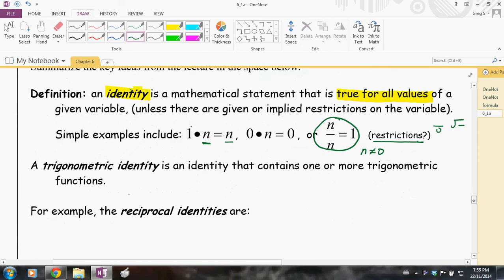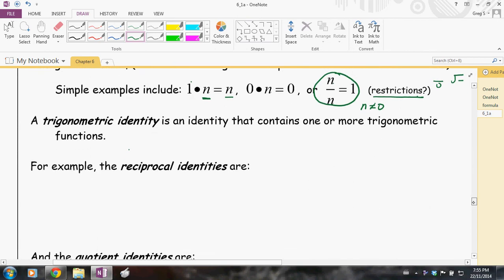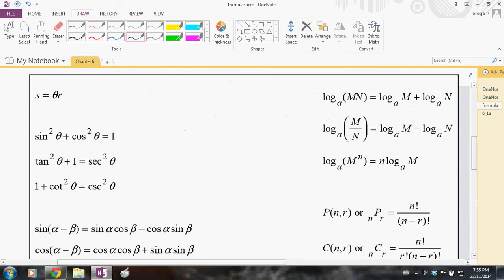Identities can also involve trigonometry. So there are some trig functions that are identities, and I'm just going to click over to our formula sheet here. You'll notice that in our formula sheet, this is from our previous chapter, the definitions of tan and cotan and these reciprocal functions aren't there, so it's something that we're going to have memorized.